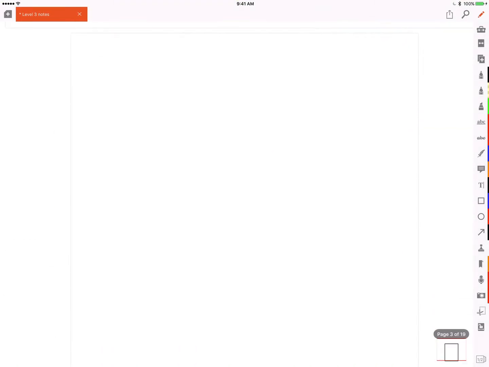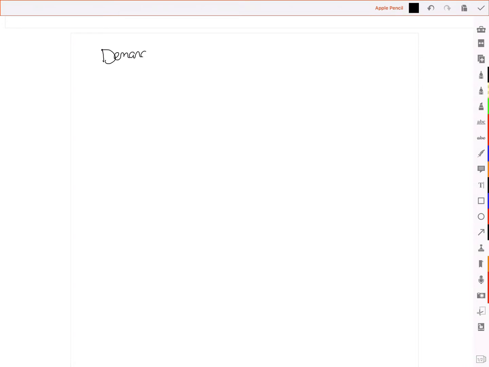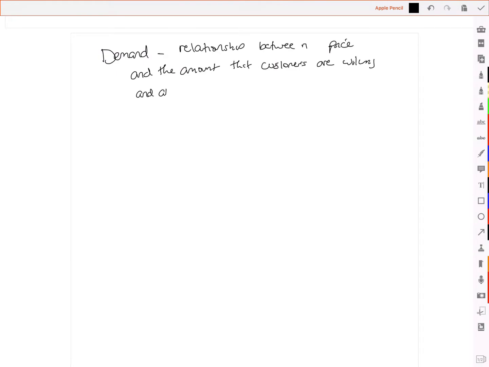All right, so when we talk about market demand, demand is the relationship between price and the amount that customers or consumers are willing and able to buy.